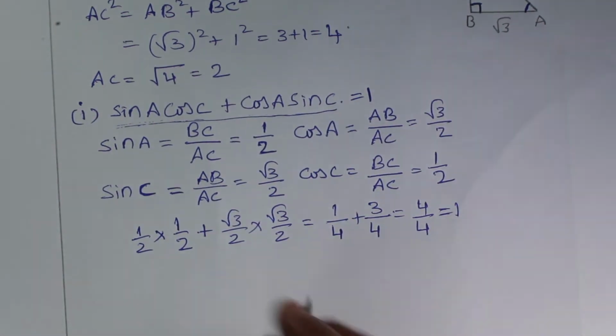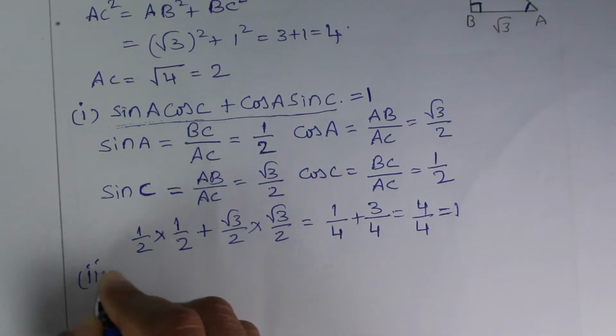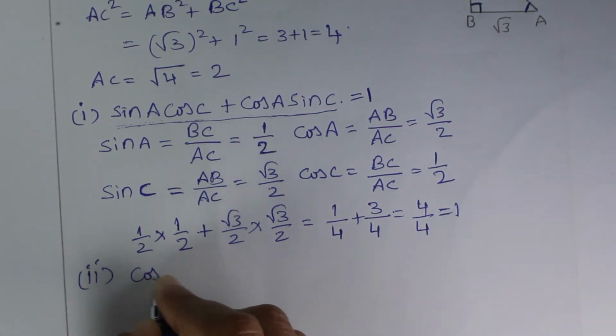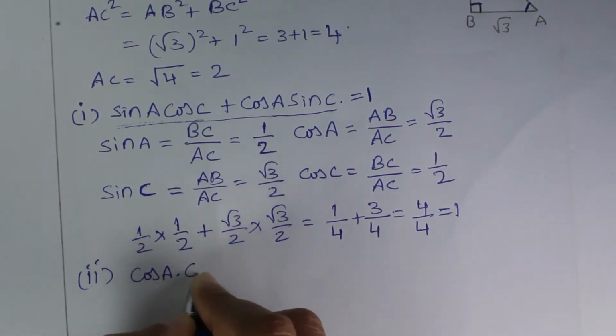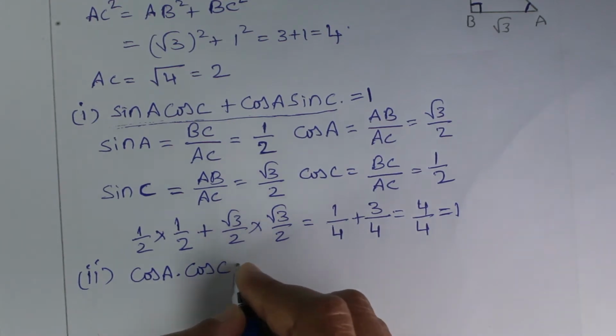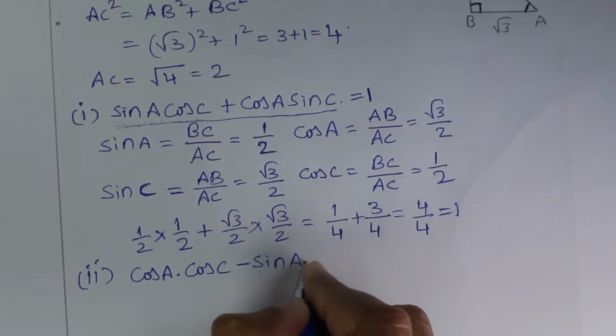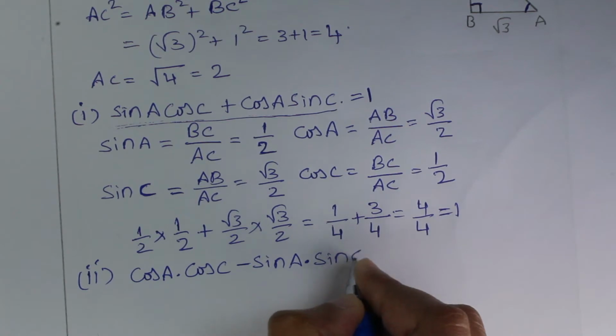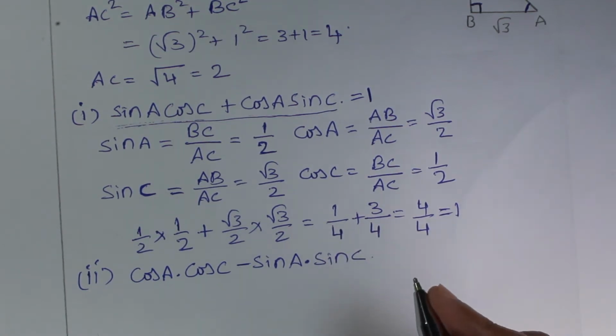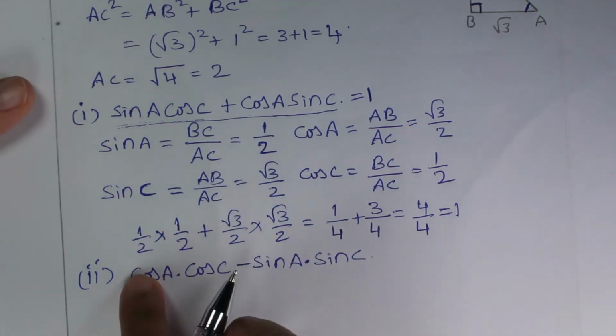Now let's move to the second part. Second part is cos A into cos C minus sin A into sin C. Okay, what is cos A?